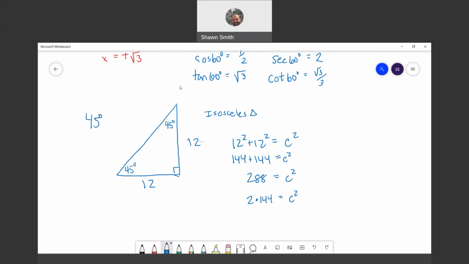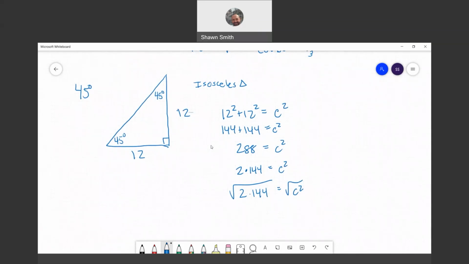Take square root of both sides. All right, square root of 2, can't do anything with that, but the square root of 144 is 12. So that's 12 square roots of 2, which is equal to our c.